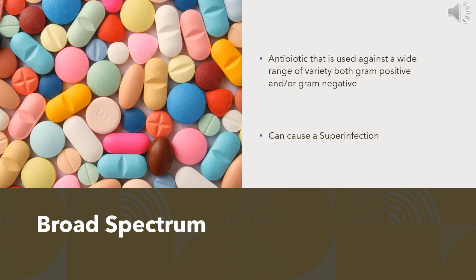If you don't have time to figure out the exact cause, this is where it comes in handy. The only thing is that it's also going to inhibit the good bacteria. That's what causes side effects such as stomachache, diarrhea, typical GI problems. A superinfection is basically an infection after an infection. Usually the microorganisms have become resistant to the antibiotic that was used earlier.